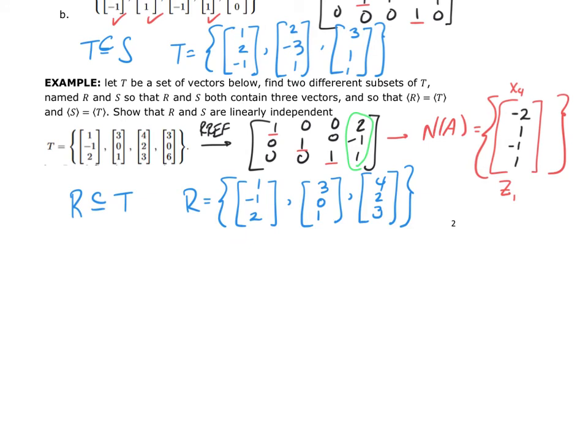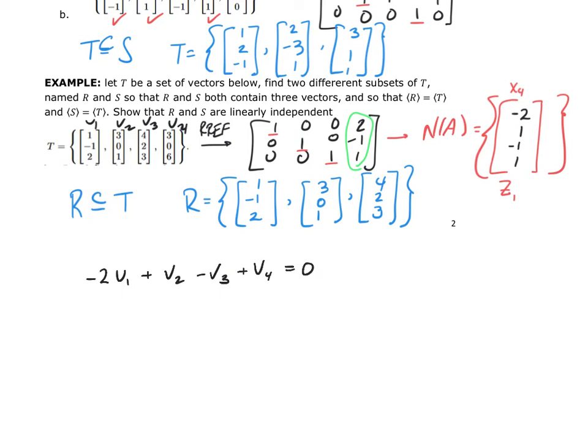So I know that it's going to be -2 V1 plus V2 minus V3 plus V4, and I'm going to set this equal to 0.